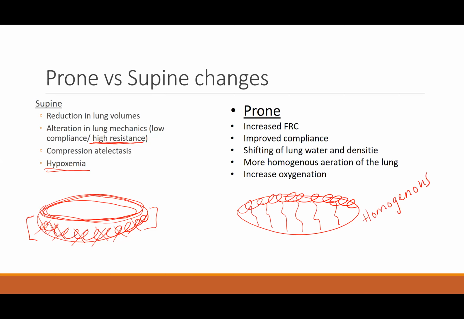There's going to be shifting of the lung waters, the densities. An increase in residual capacity, an improvement in compliance, shifting of densities, all of that, at the end of the day, results in an increase in oxygenation for these patients.